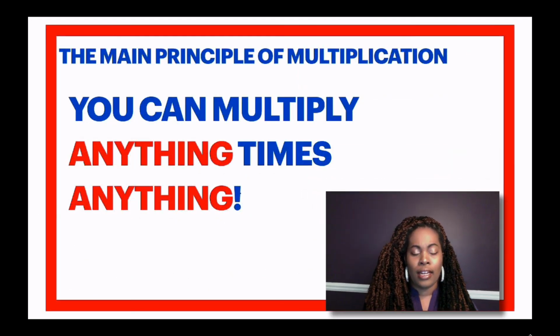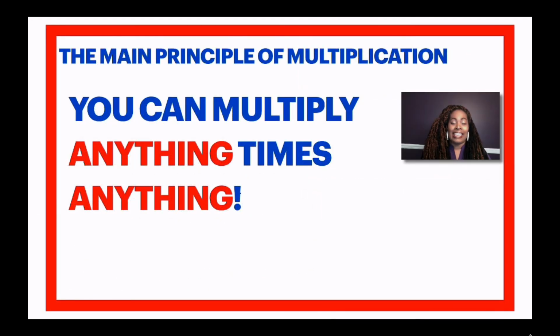Here we go. Let's move forward. So, as we work with all these different problems, I want you guys to now be introduced to the main principle of multiplication. And what it says, guys, is that you can multiply anything times anything. Now, I must say, that statement is a trip, considering this.